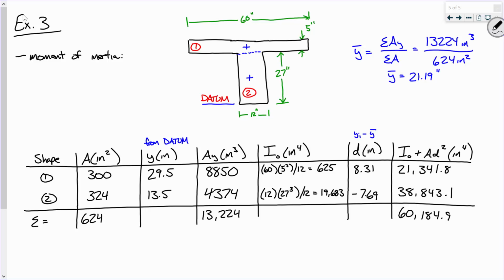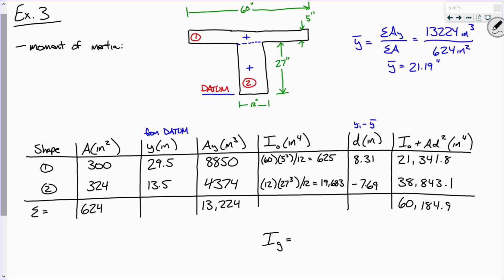All right. So I propose then that the moment of inertia is 60,184.9. Okay? That's the moment of inertia. That makes sense?